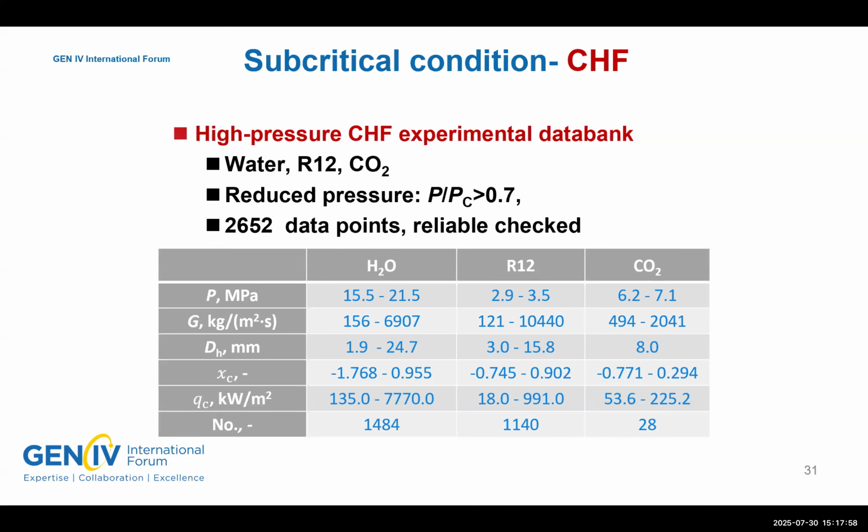However, the high pressure CO2 data bank has only 28 data points with the reduced pressure from 0.8 to 0.9. So that means there is a big challenge, or we need a lot of data for the CO2 in the high pressure region.